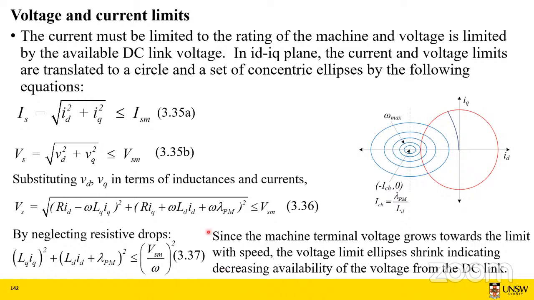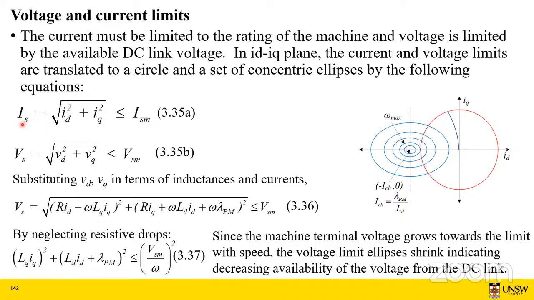So we have to limit our voltages and currents in the controllers. This current limit comes from that relation which I have mentioned previously, squaring or finding the amplitude from the ID, IQ currents. You can get the amplitude of your current phasor, and that current phasor cannot exceed the rated current of your motor.